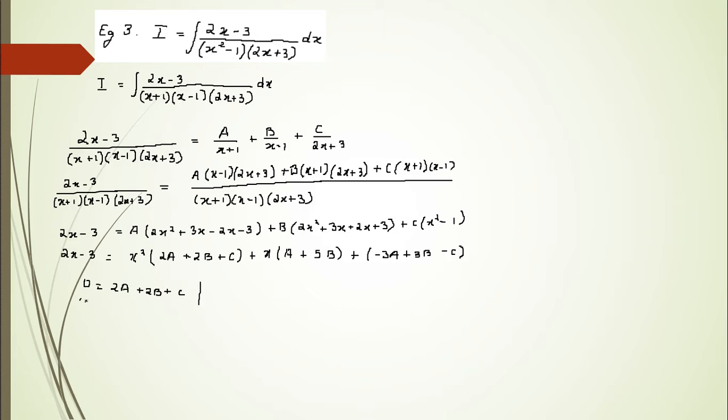So here I can write c is equal to minus 2a minus 2b. Let me write this as equation 1. Now comparing the coefficients of x on both sides, I'll get 2 is equal to a plus 5b, this is my equation 2.